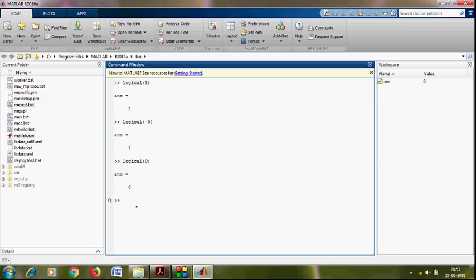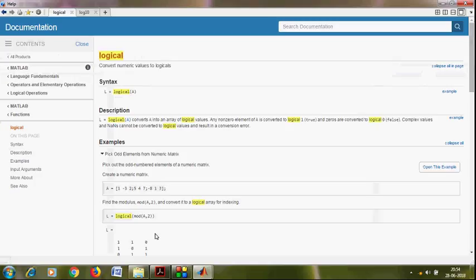Say I want to do an OR operation of a and b. Say a equal to 3 semicolon, b equals 0, semicolon. Now a and b are double, they are not logical. So let me go for a logical operation, logical of 3. What operation do you want to do?